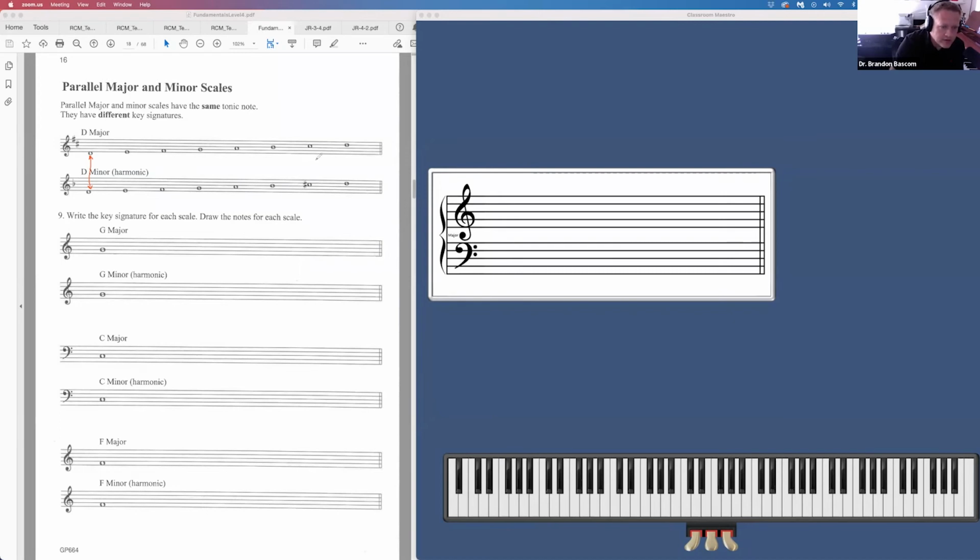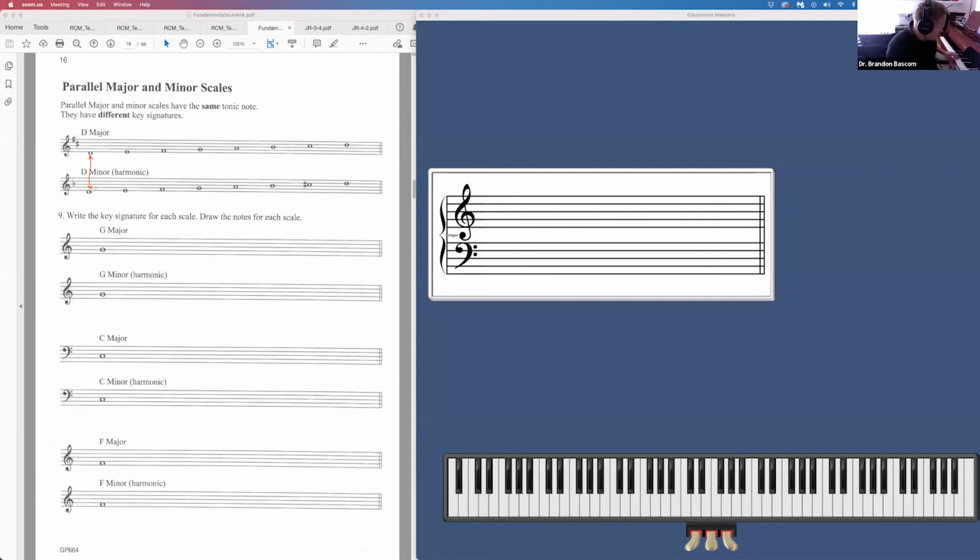And we lower scale degree 6. Our B becomes a B flat in our new key. And we keep scale degree 7 sharped. They have different key signatures, but they have the same starting note and a few different notes.